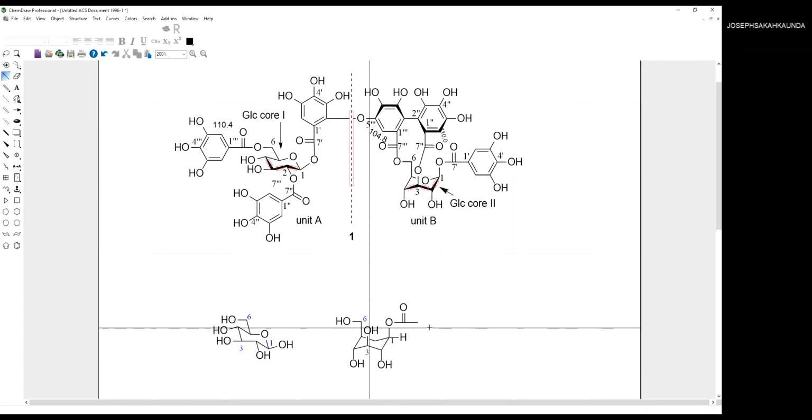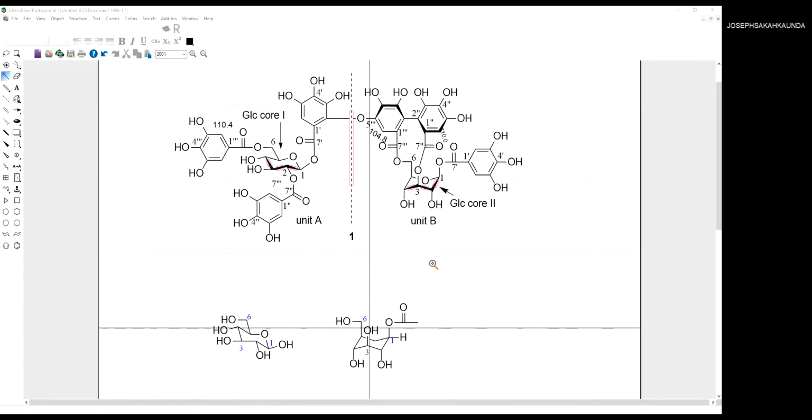And it has some protons. Is there any other proton in an HMBC spectrum that will show us correlation with this carbon? And you know the value of this carbon. So what I usually do, go to the HMBC spectrum. Let me share.